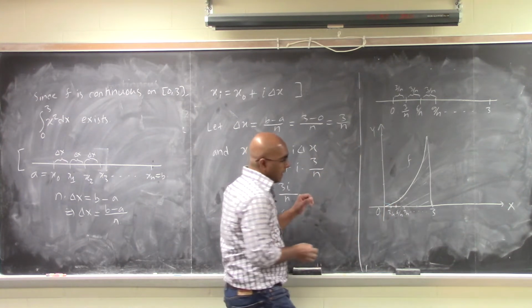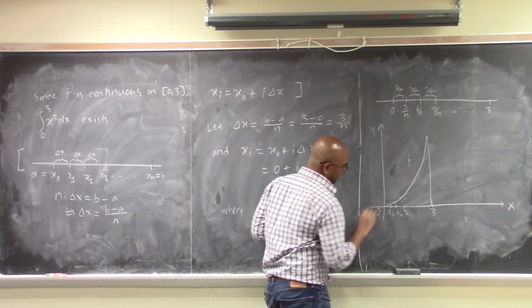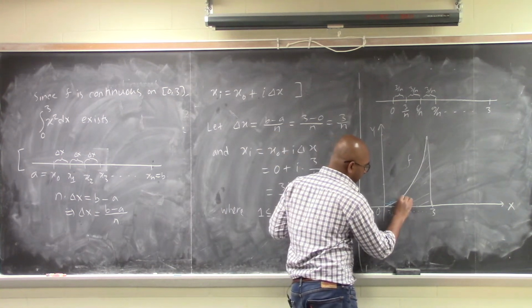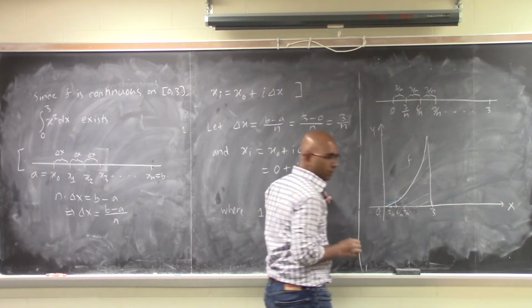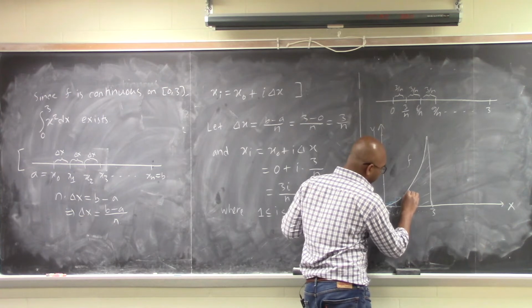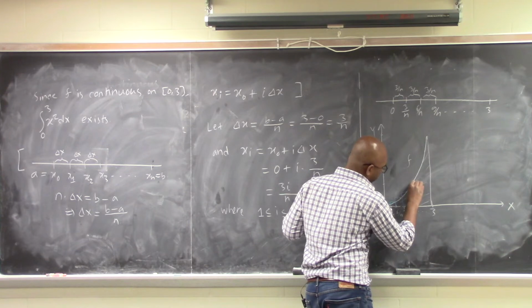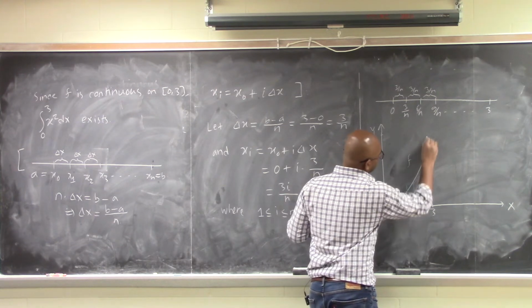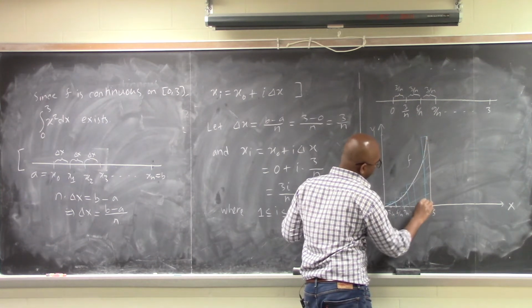Okay, and for the next one, so this is f of 6 over n, so my rectangle will have this height. Okay, and the third one will have this height. Okay. And similarly you can get the fourth one, and then the fifth one, and so on and so on, and finally we get this one.